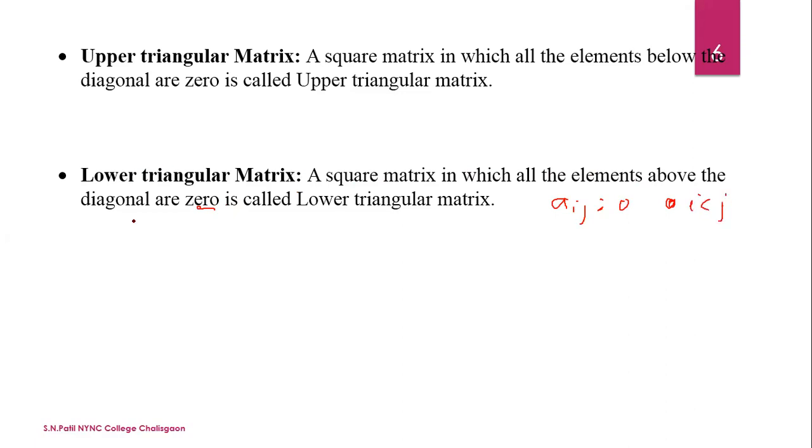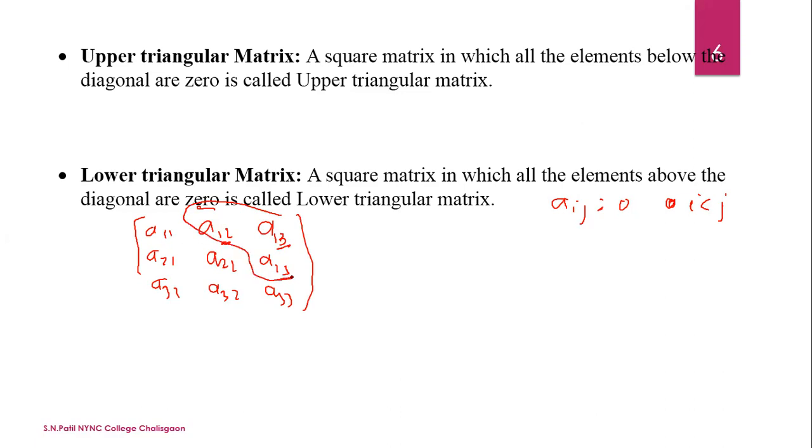Okay, see, that is A11, A12, A13, A21, A22, A23, A31, A32, A33. What is the condition? If i is less than j, i means row, i means first position.